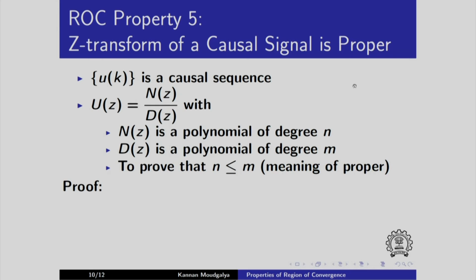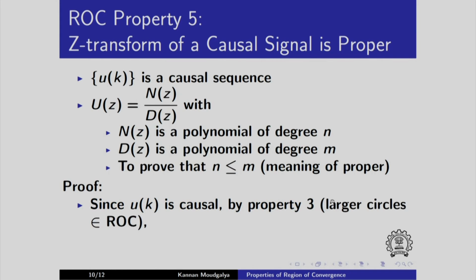Okay. What is the proof? Proof is straightforward. Because u is causal, by property 3, larger circles belong to the region of convergence. As a result, the circle of infinite radius also belongs to the region of convergence. So infinity is in the region of convergence. In other words, if you put z equals infinity, it should be bounded.